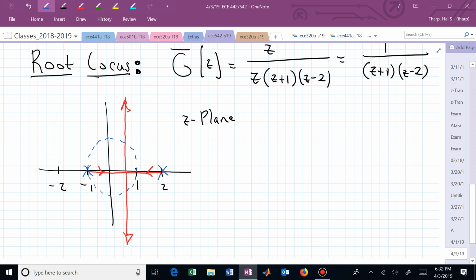And I hope you can see that at some point, as you crank up the gain K, the pole at 2 is going to go to the left, and it will start to come into the unit circle, and the pole at -1 remains inside the unit circle at that same value of K. And if I drew that, I might say, oh, here is where I am there, and now this one is going to be there.